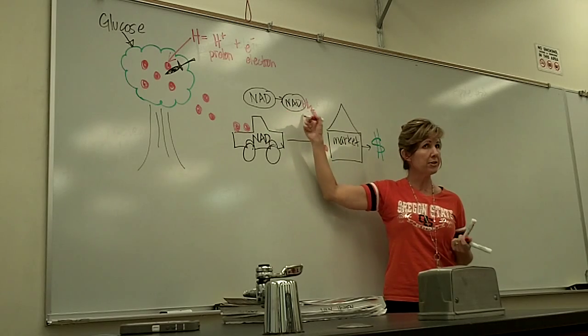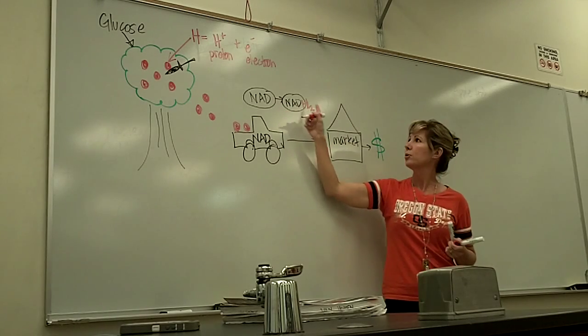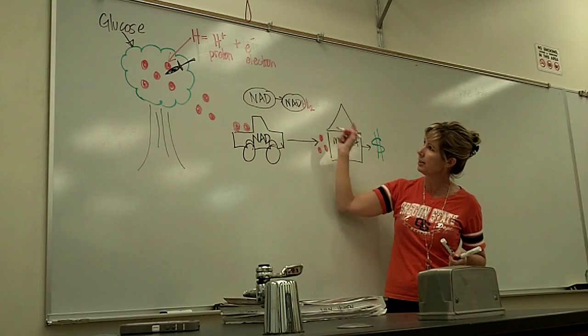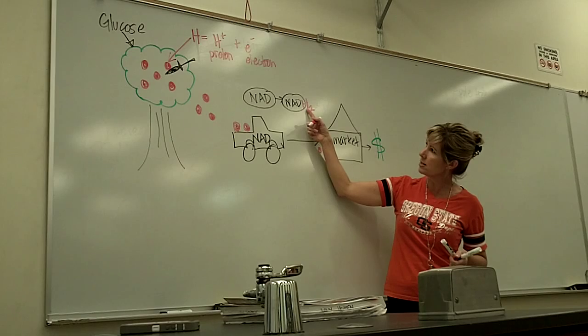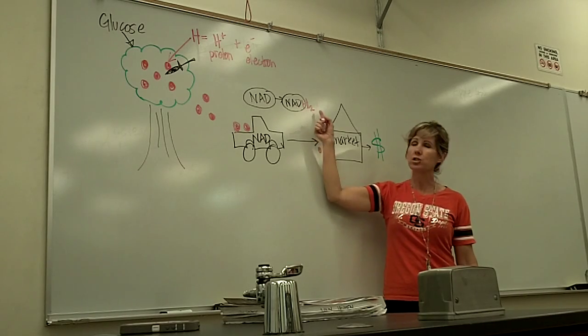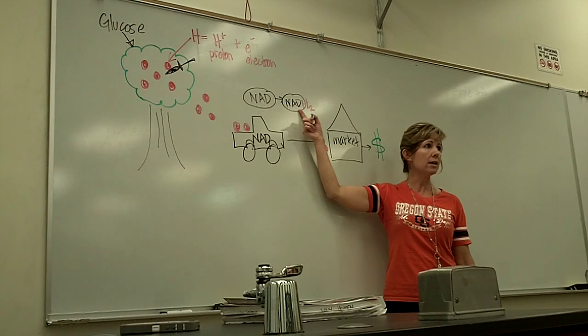Remember, I cheated with the notation. It's just to signify that you do have 2 hydrogens able to be carried, meaning 2 protons and 2 electrons. With NADH2, is this the oxidized or reduced form of NAD?